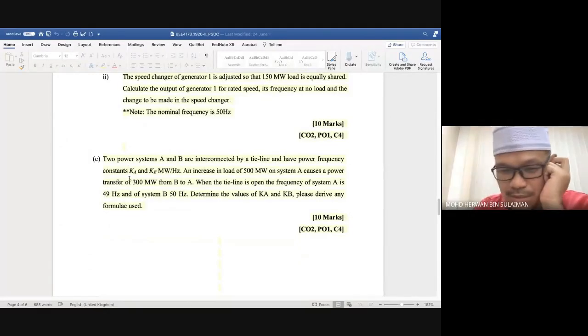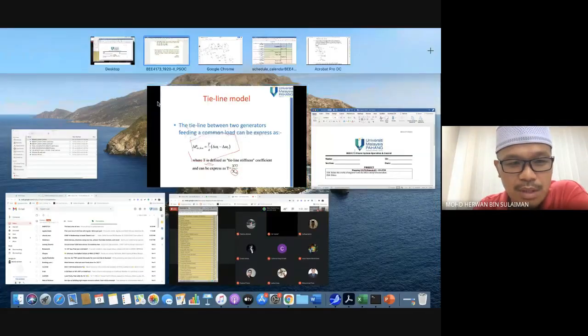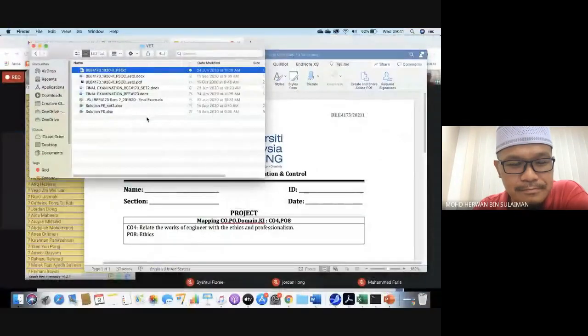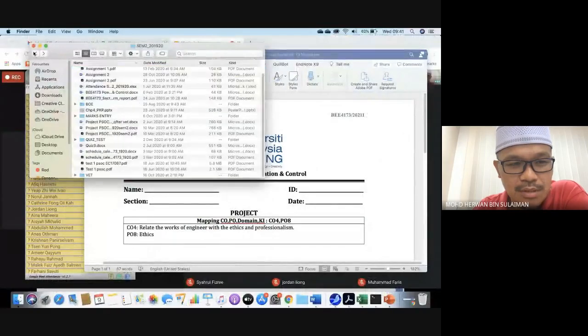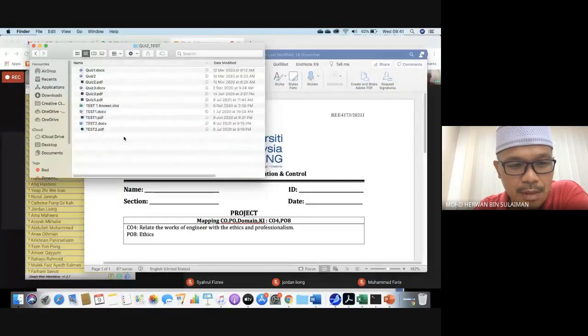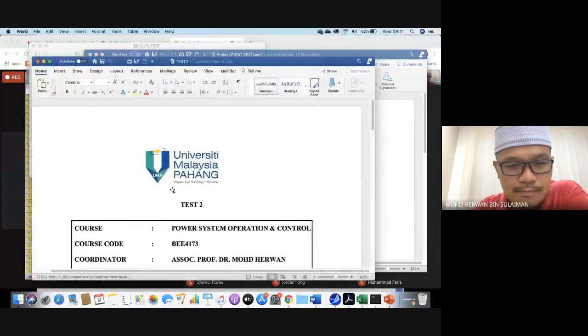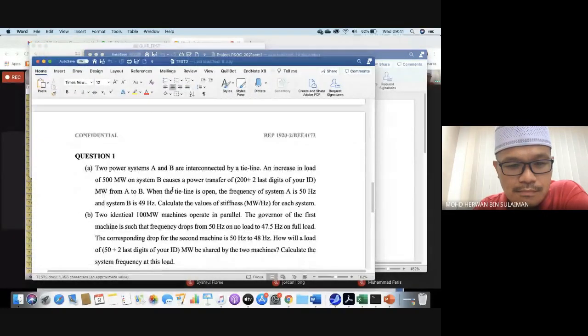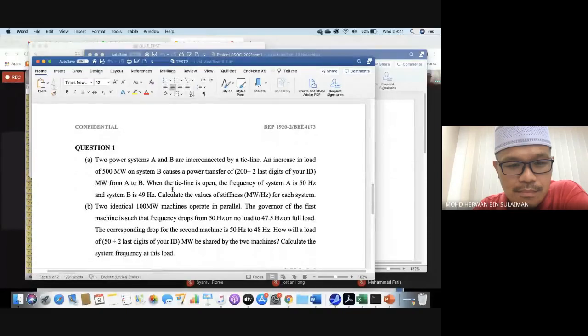This is last semester's question. Two power systems A and B, tie line power frequency constant KB, increase 500 from B to A. This is the same question, when the tie line is open. I made some questions a little different. Test question. This one.